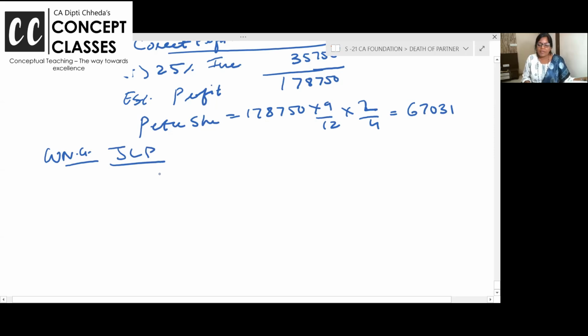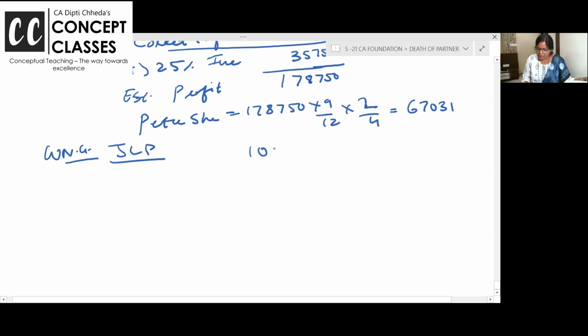Firm has taken joint life policy of 1 lakh. तो वो तो आप total ले लोगे. Joint life policy 1 lakh. सेपरेट पॉलिसी भी लिया है. सेपरेट पॉलिसी 50,000.